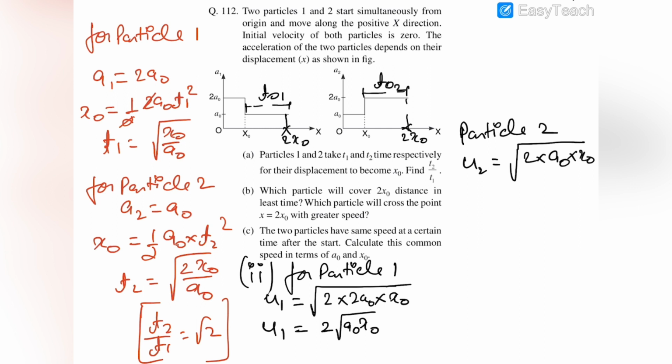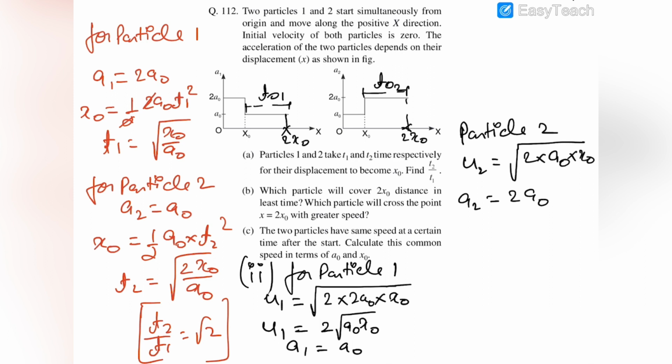Okay. Now you can see that with this velocity, they have to travel a distance of x naught. So let us find out the time they would take to travel this distance x naught. Now you can see that the acceleration of 1 in this region is equal to a naught, and the acceleration of 2 in this region is equal to 2a naught.